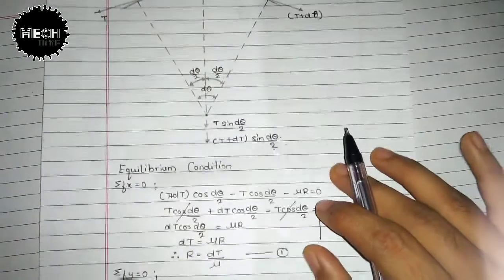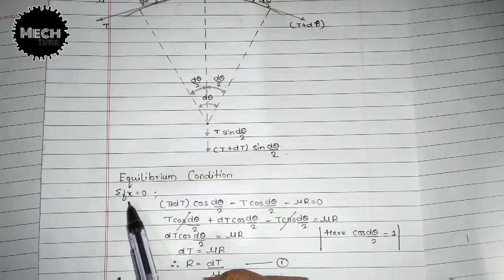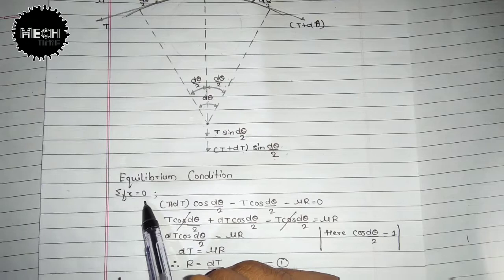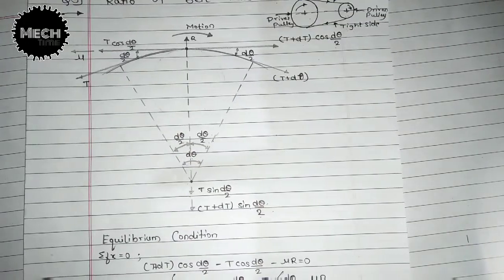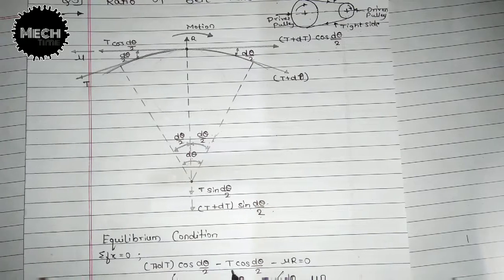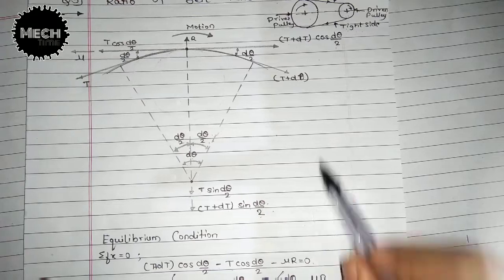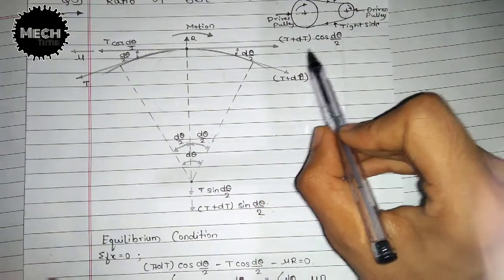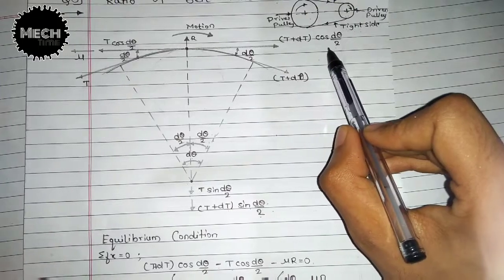For the equilibrium condition, first summation Fx is equal to 0. So you can see here t plus dt cos d theta by 2 minus t cos d theta by 2 minus mu R is equal to 0. I have taken this part first because it is along x, horizontal.